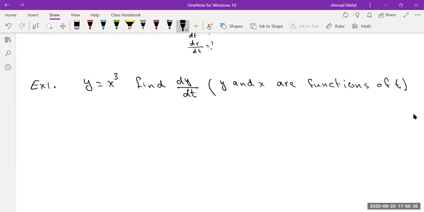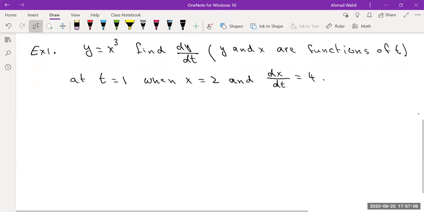Y equals x cubed, find dy/dt at t equals 1 when x is equal to 2 and dx/dt is equal to 4. This is the simplest example that I can do for you. And actually this example is not in your book.